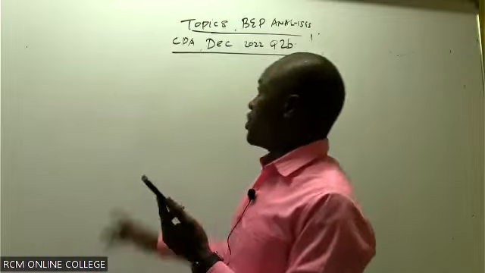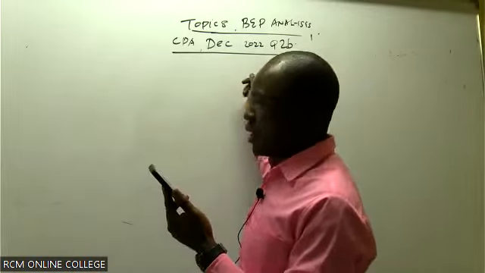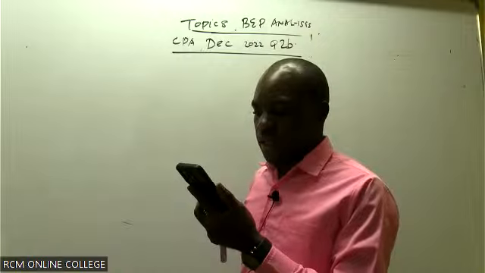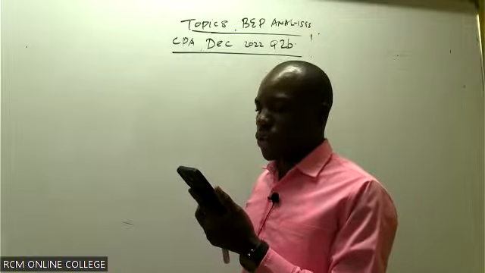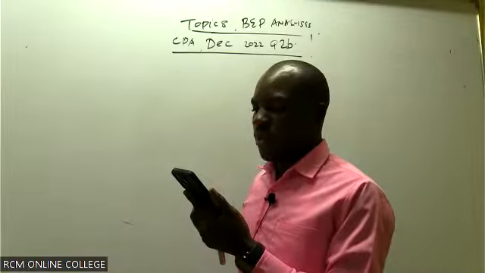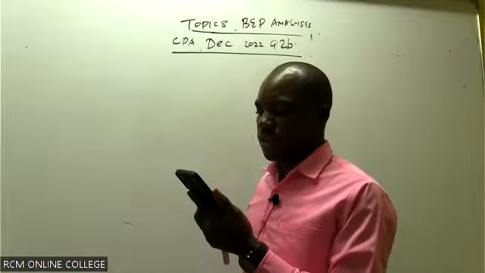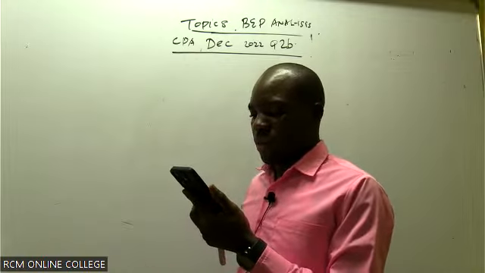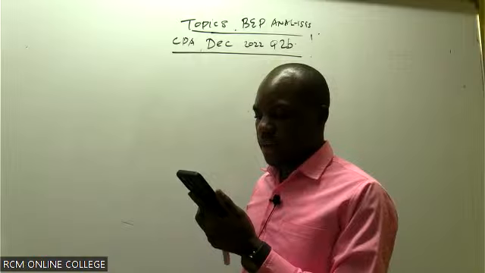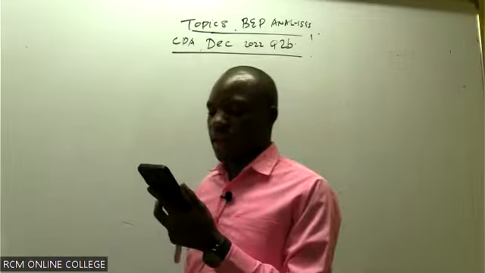So December 2022 CPA question number 2B, we are being told that Lengo Limited manufactures and sells 2 products, L and G, to a number of customers. The company is currently preparing its budget for the year ending 31st of December 2023. The cost, selling prices, and demand units details for its 2 products are as follows.